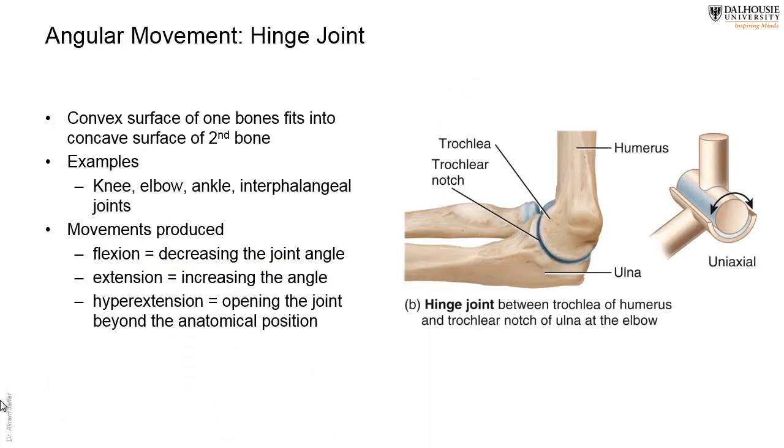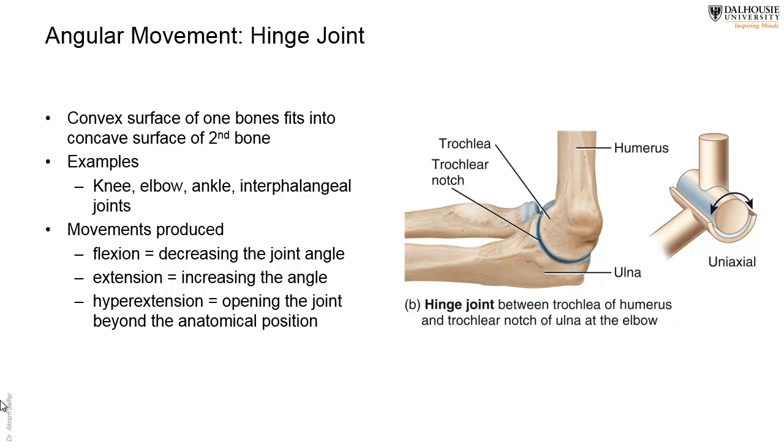The other type of movement is angular movement. There is angulation taking place between the bones. This necessitates that the surfaces of the bones are convex on one side and concave on the other side. For example, the elbow joint is a synovial joint that allows a movement like a hinge.